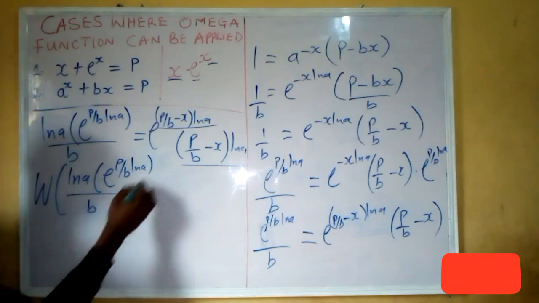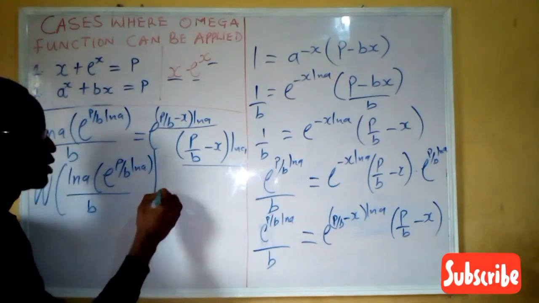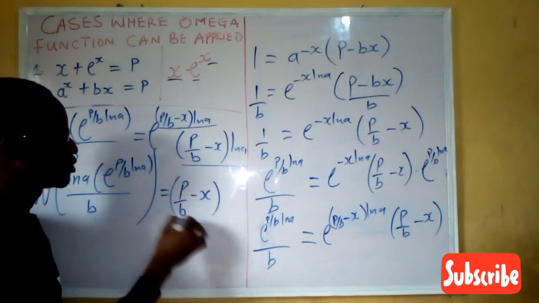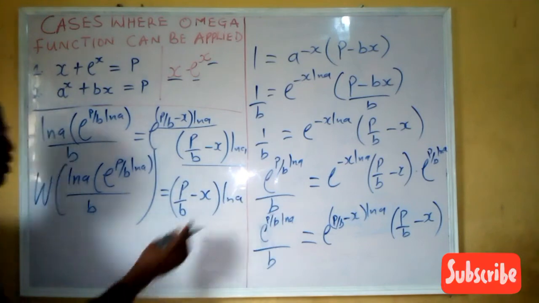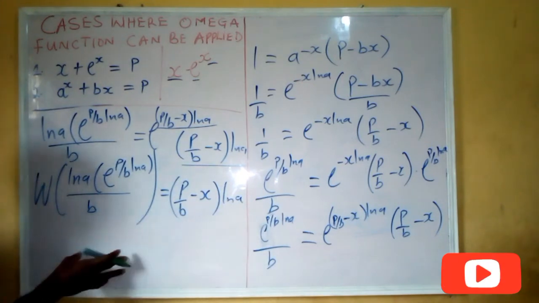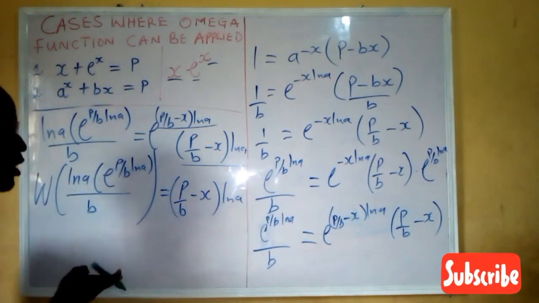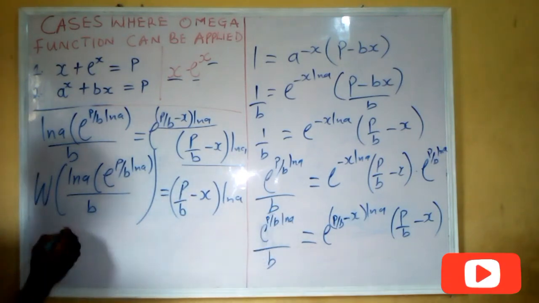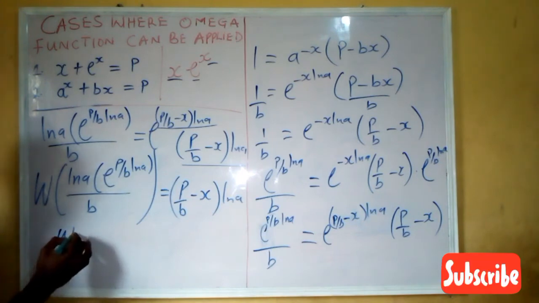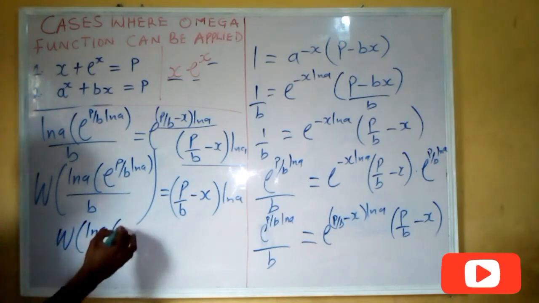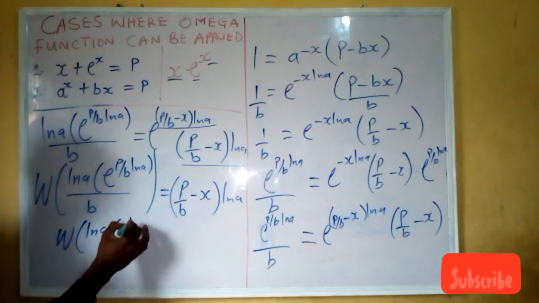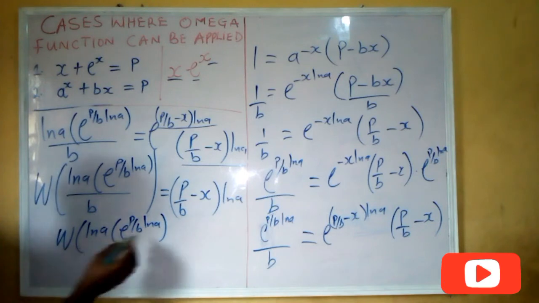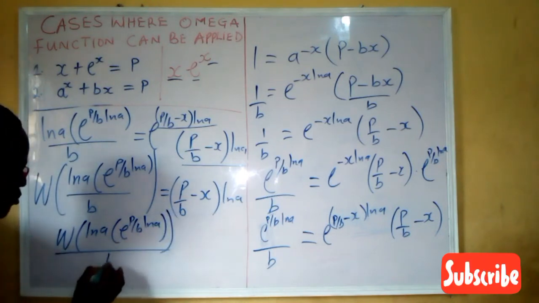All over b. And if I take that for this side, it's going to give me p all over b minus x multiplied by ln a. So meaning, if I take the exponential of both sides, I'm going to have a W function of ln a, e raised to power p all over b ln a, this all over b.